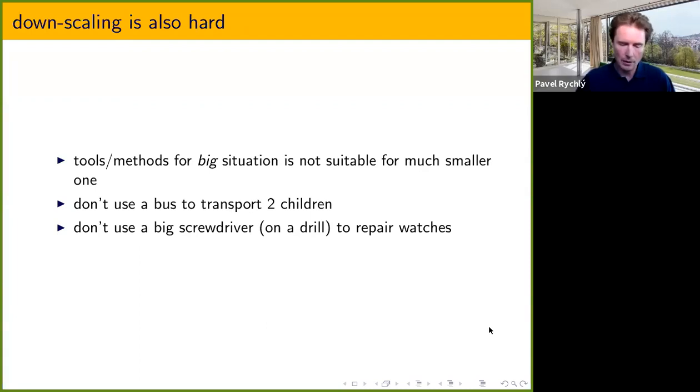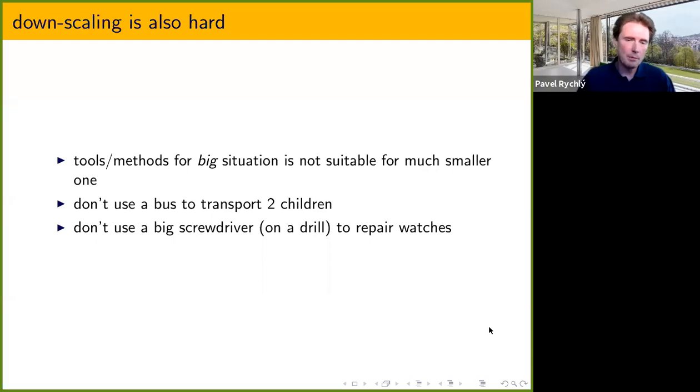If we have, for example, a bus, we don't use it for transportation of just two children or for personal driving, because it is not practical.